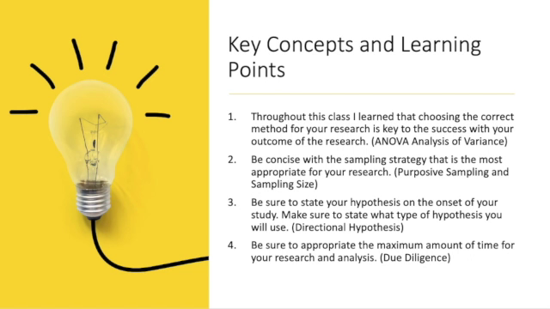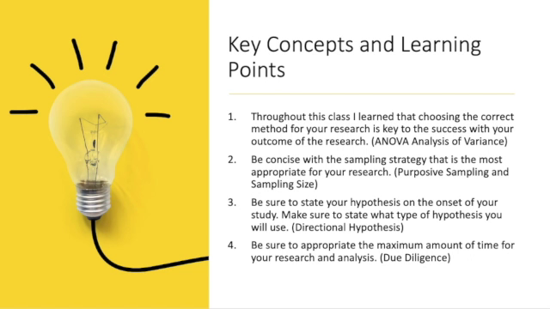So in my case, after Dr. Jupp kind of went over my project, he was like, you might want to look at this chapter. And for me, it was going back and researching ANOVA or analysis of variance. Based on the criteria, I was able to see, well, there's 2 groups. We have an independent and a dependent variable, and I'm trying to find a variance. So that was the most suitable thing for me. That was one of the key concepts that I learned.